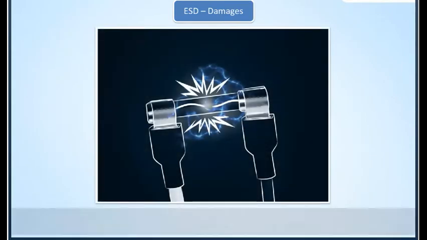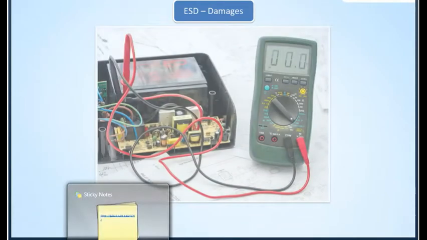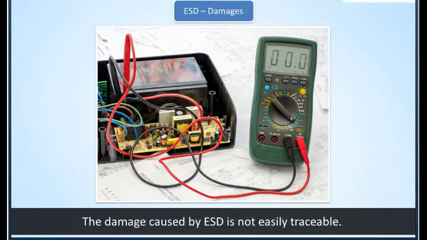If the ESD received from your body is too high, it will blow these fuses, resulting in the malfunctioning of the circuits. That, in essence, is how ESD causes damage in such devices as disk drives.